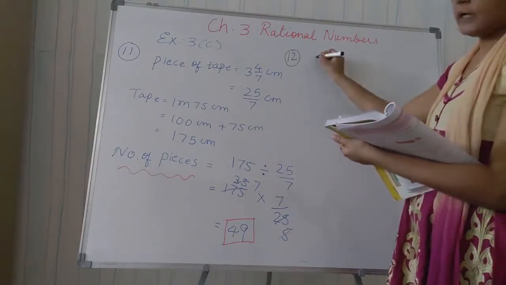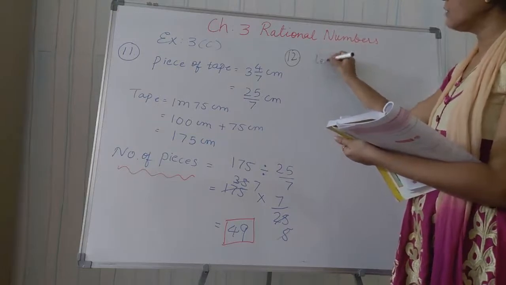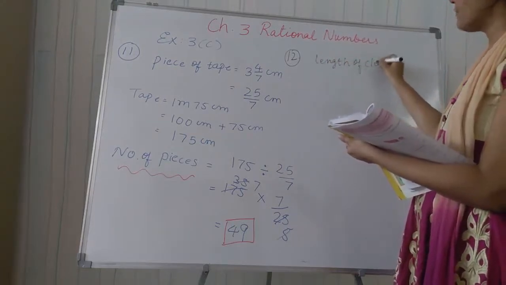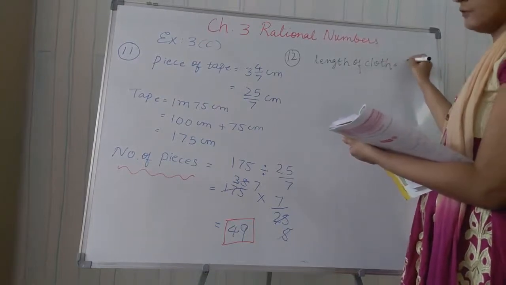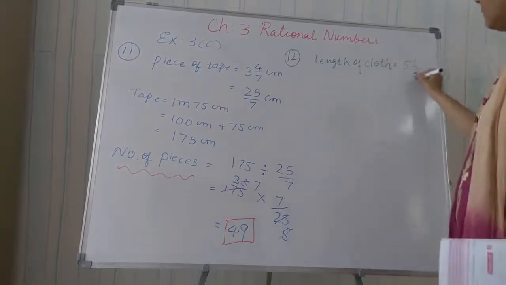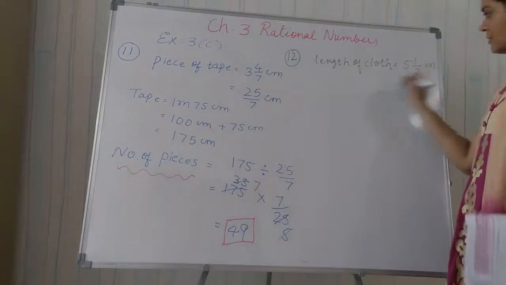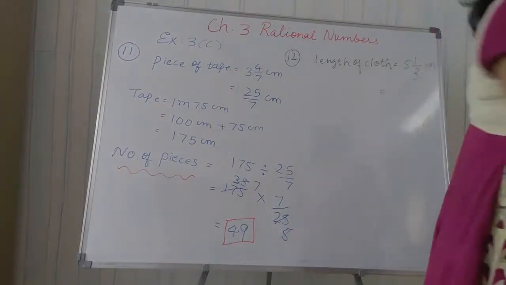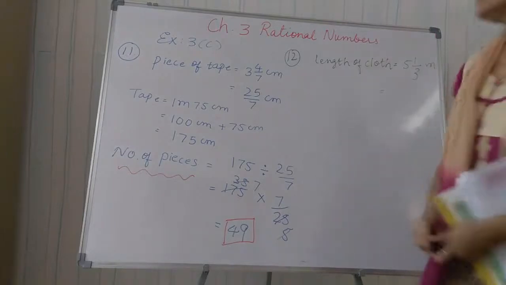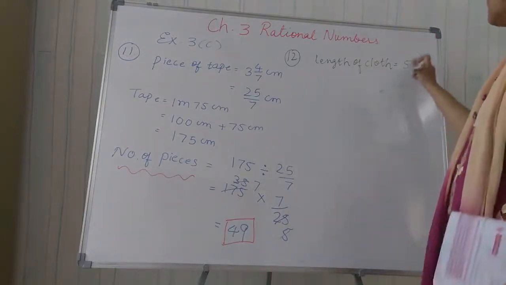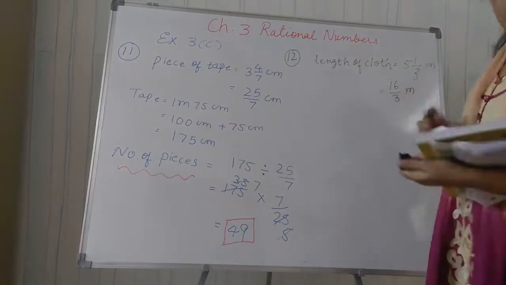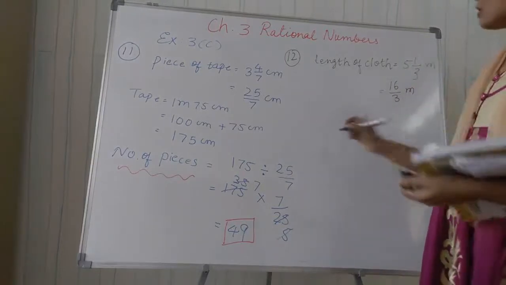So now I am writing here length of cloth given to us, that is 5 integer 1 by 3 meter. So converting it from mixed to improper fraction, what I get here: 5 3s are 15 plus 1, 16 by 3 meter. Now next is given the cost.